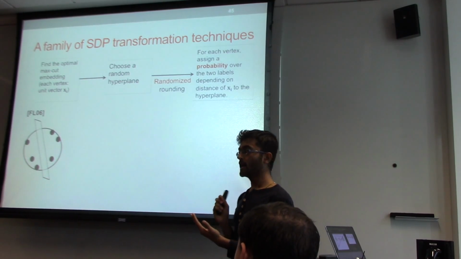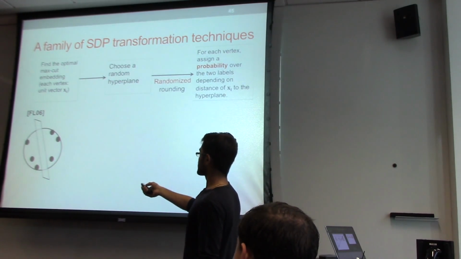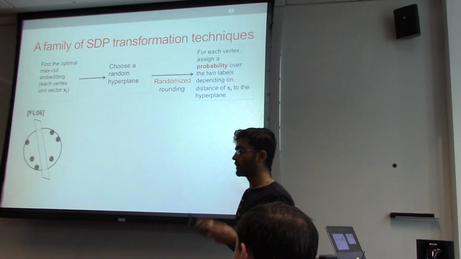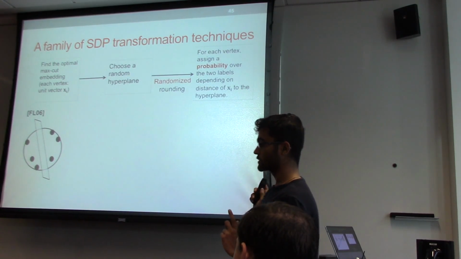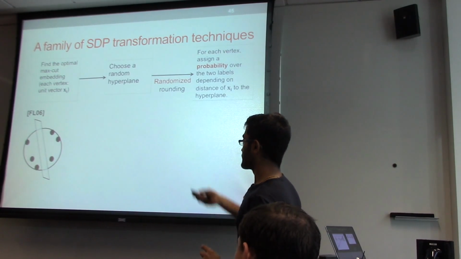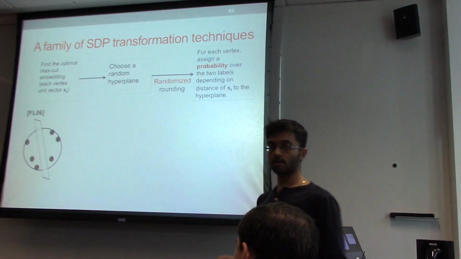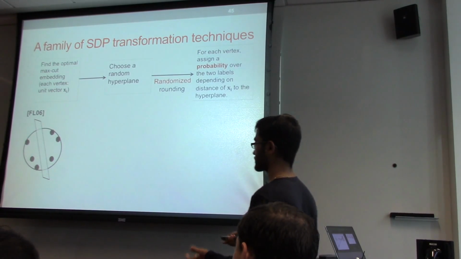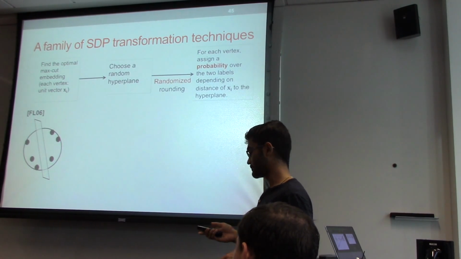So intuitively, if a vertex is very far away from the hyperplane, I would assign a probability distribution that's skewed towards one of the labels. And if it's very close to the hyperplane, I would assign a probability distribution that's pretty uniform to both the labels, because I don't really know which side of the cut it belongs to.